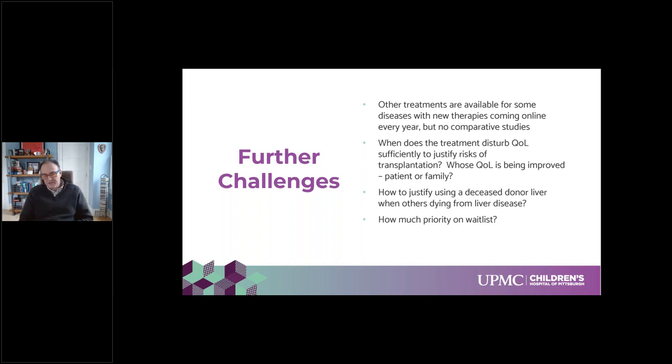Does a metabolic patient have a greater priority than a baby with biliary atresia and a failing liver? Again, this is something that we do have to work out, because we certainly see some metabolic patients who are relatively stable having higher priorities than some of our kids with decompensating liver disease.